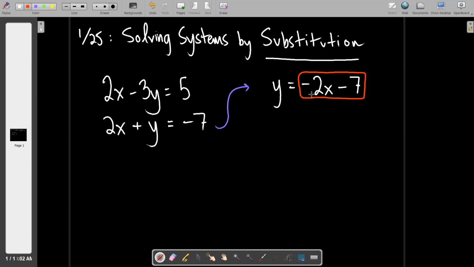So y basically lays himself down and says, from now on, my name is y, I know that, but if you run into me at the store or whatever, feel free to call me -2x minus 7. I know that sounds pretty weird, but the idea is that I've now given y that alternate name, which means I can go find another y somewhere else in the problem and call him by his nickname. So follow this red arrow. It's going to go like this.